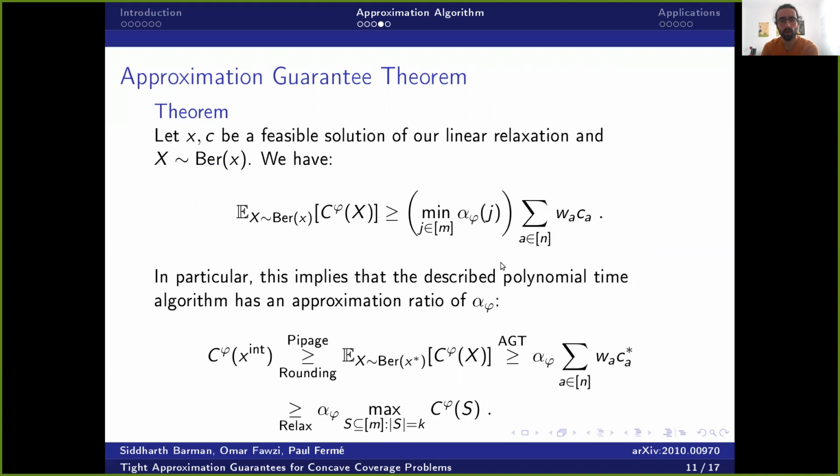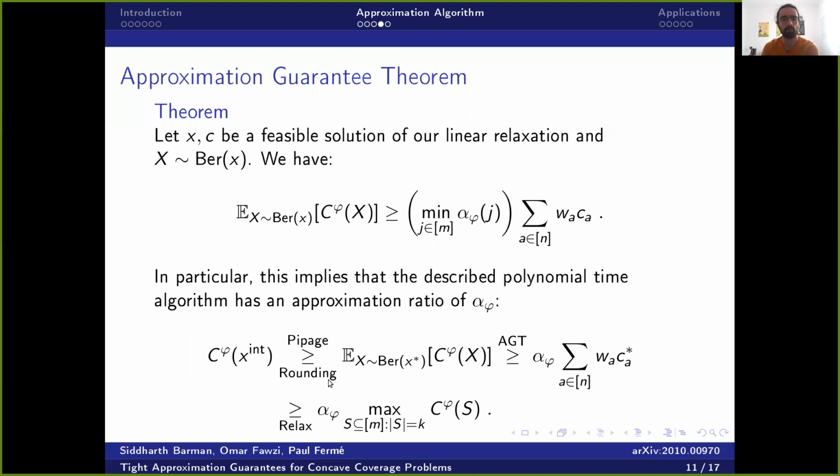So this is the main theorem. We show that we have this, meaning that the expectation of this quantity can be lower bounded by this minimum of alpha phi of j times the objective value. And okay, this implies that we get a polynomial time algorithm. Indeed, we've got C phi of x int.